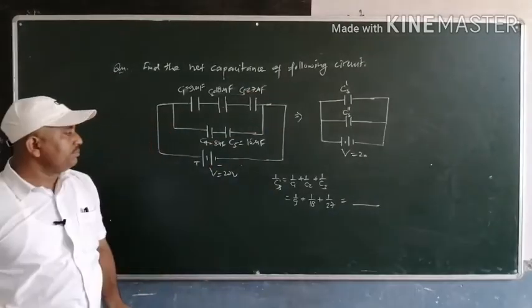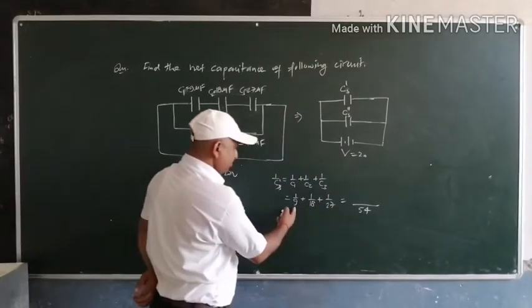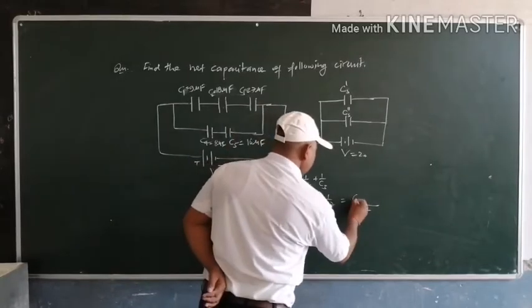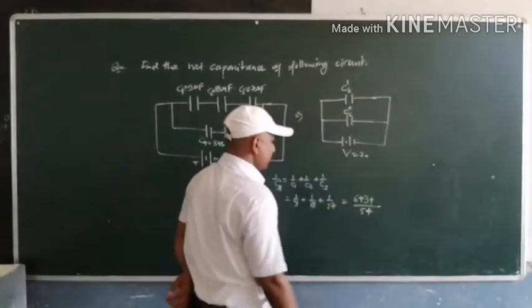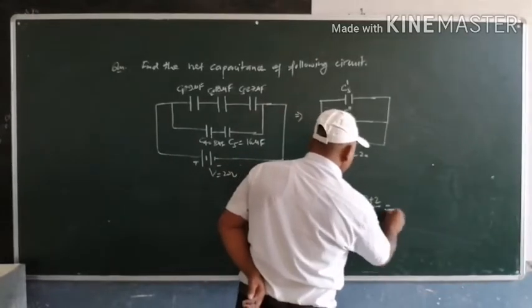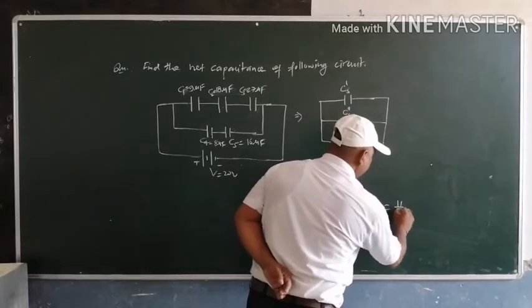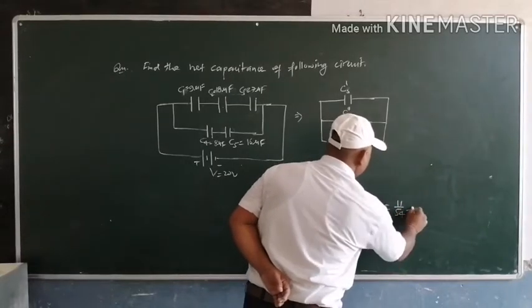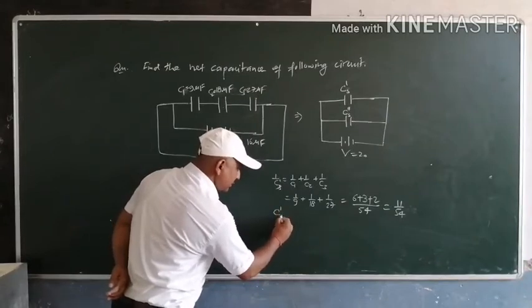What will be the LCM? That will be 54: 9 times 6, 18 times 3, and 27 times 2. So the sum is 11 by 54. So what will be the value of Cs dash?